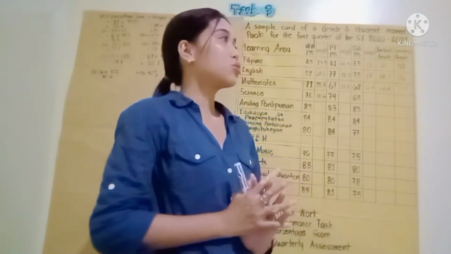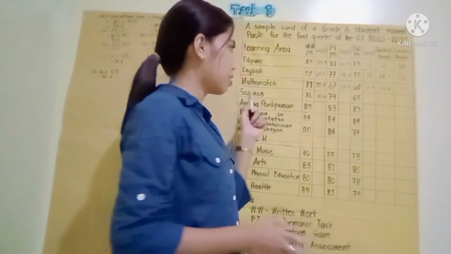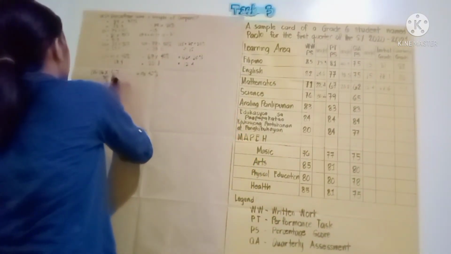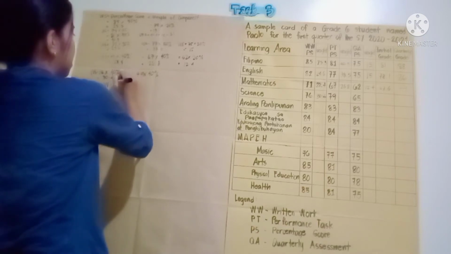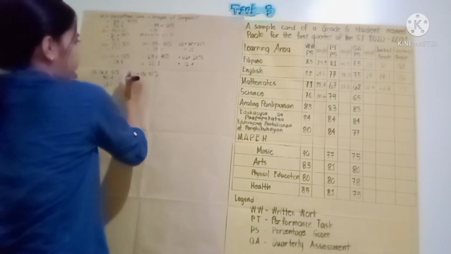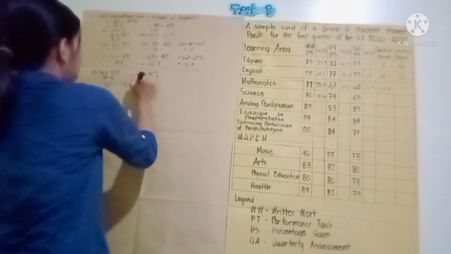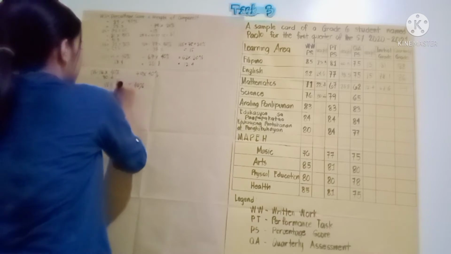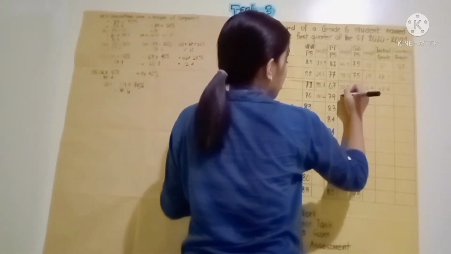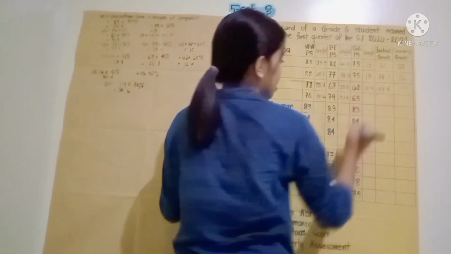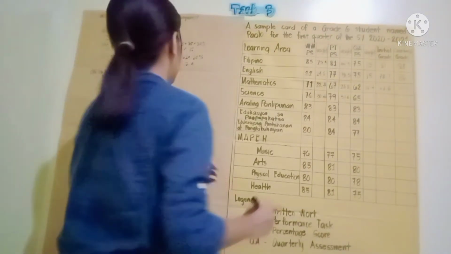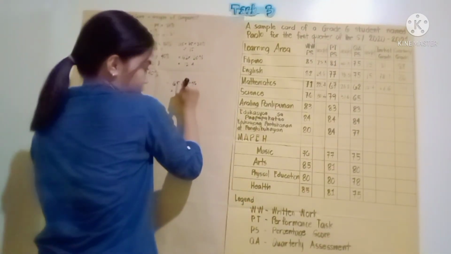Next is getting the weighted score in the performance task of the science subject. Weighted score equals 79 times 40%, which is equal to 31.6. So the weighted score for the performance task is 31.6. Next is the weighted score for the quarterly assessment. It's equal to 13.